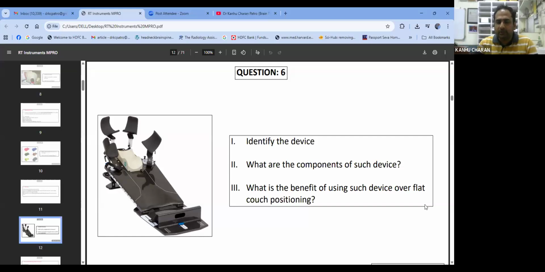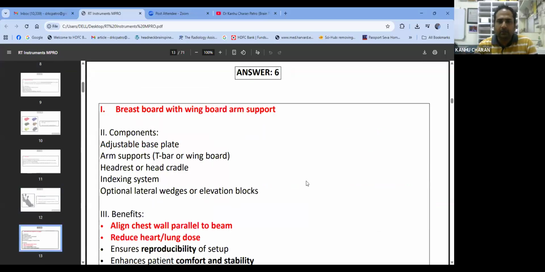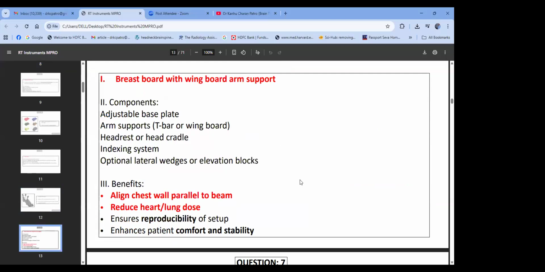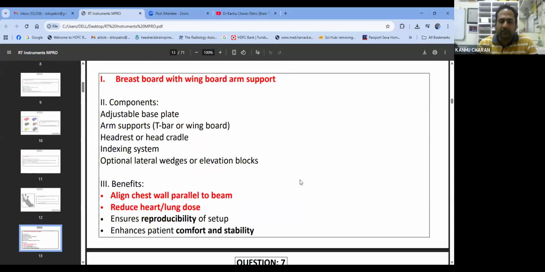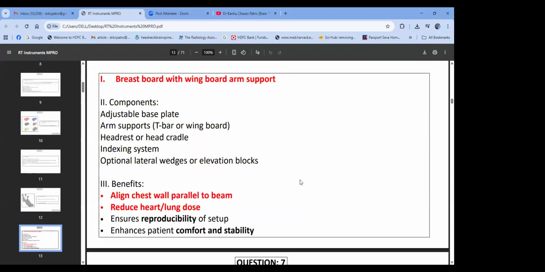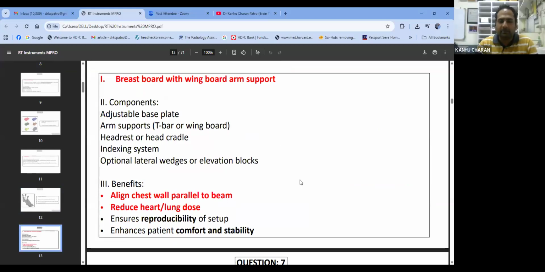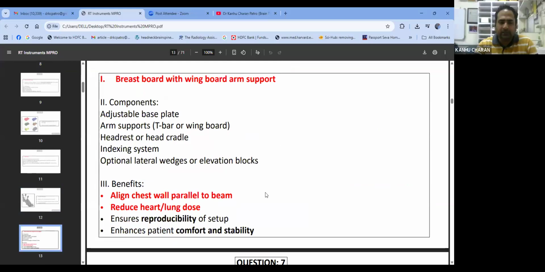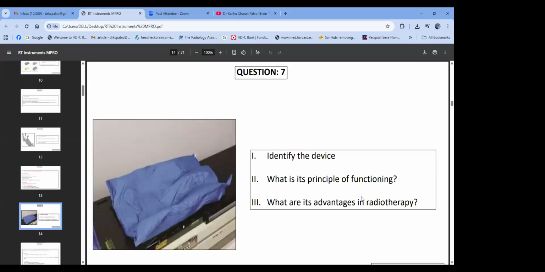In 3D or 2D, you're trying to make the chest wall parallel to the beam. You have tangents. Whereas in VMAT, you don't have tangents. It's an arc. The sloping of the chest wall wouldn't matter much then. Okay, sir. So in that you can keep the patient supine with the Vac-Lok or with the thermoplastic immobilization, you can do that.